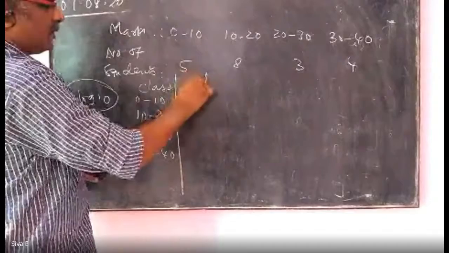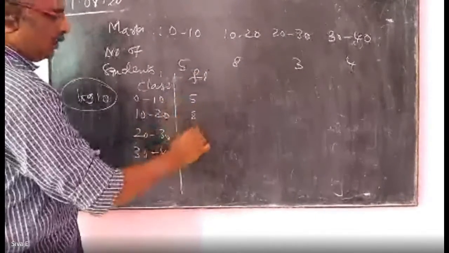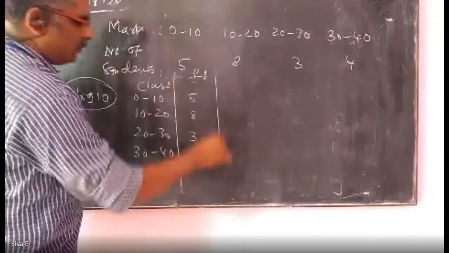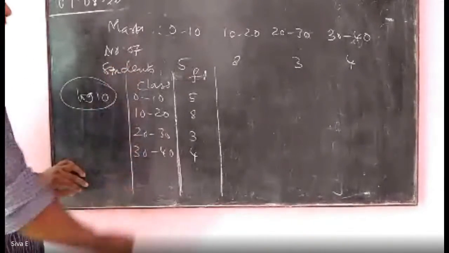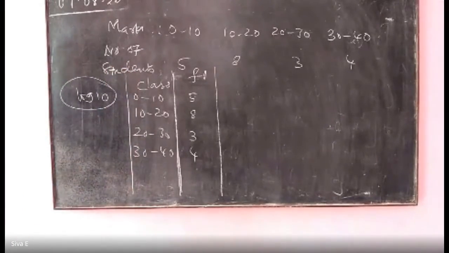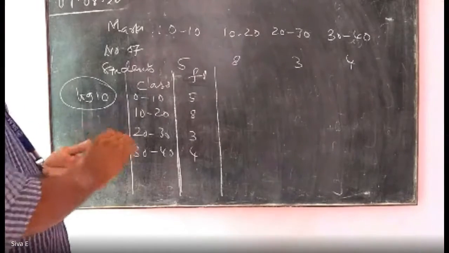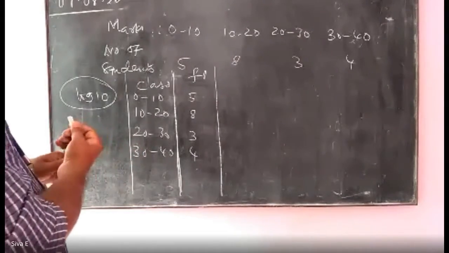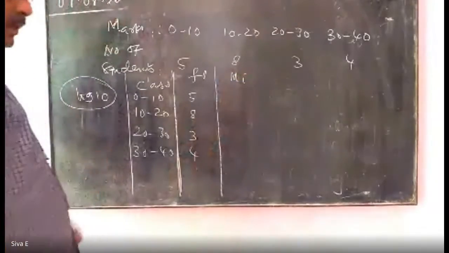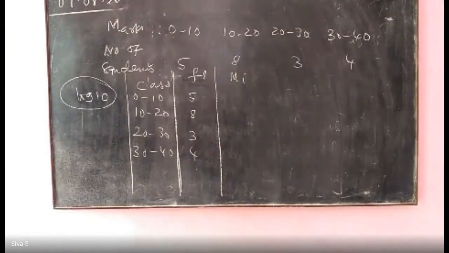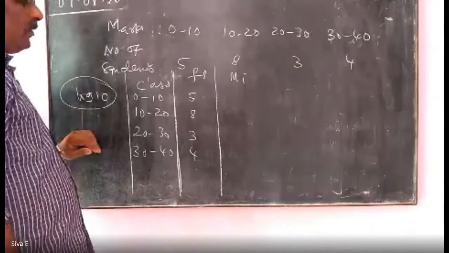Then number of students, f: 5, 8, 3, 4. For continuous data, the formula is G equal to anti-log of 1 by n summation of i equal to 1 to n of Fi log Mi. So you have to find Mi.